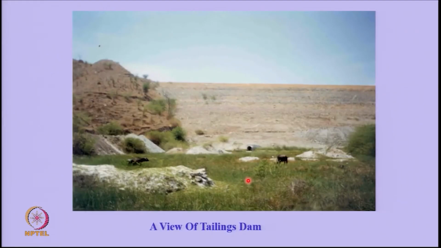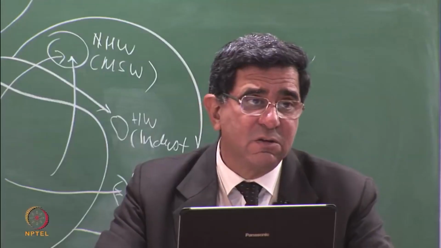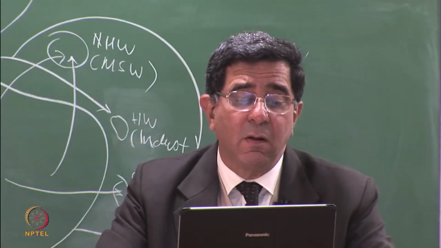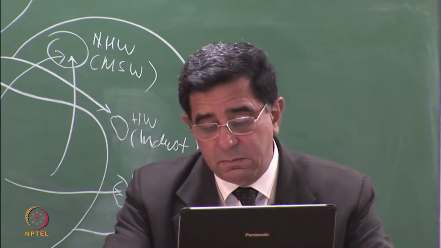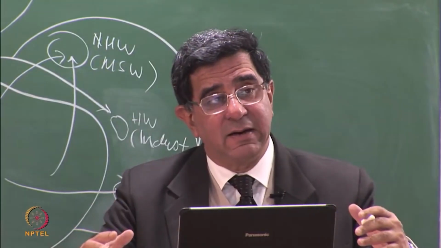In the tailings dam, as you can see here, you have made a dam, and behind that, like a lake, you have created a pond. Here the mine tailings have been collected. So we are dealing with all these waste disposal facilities, and these are accumulating at the site.